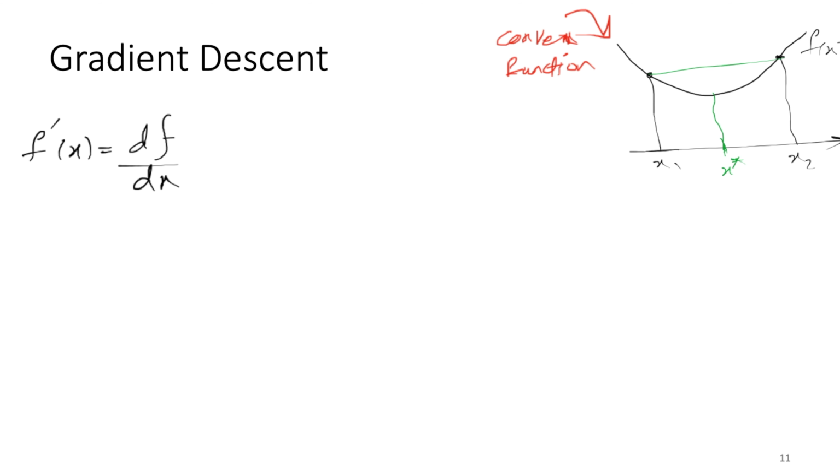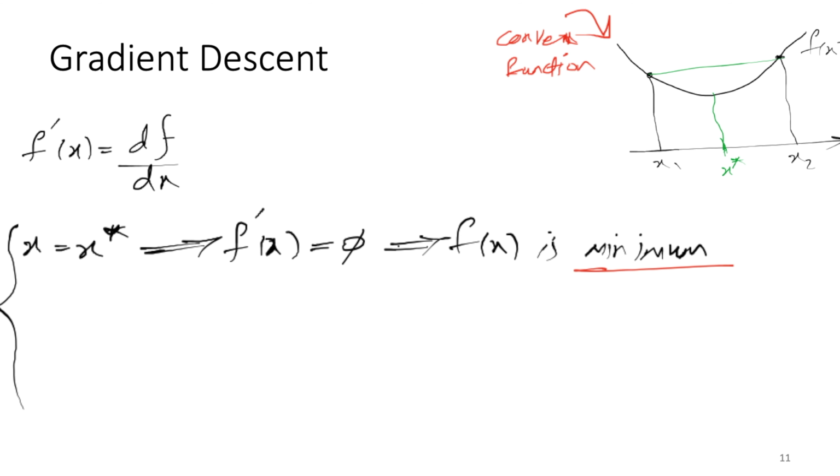So if we take f prime of x, the first derivative of f given our x's, we're going to have three situations, right? The first one would be where the x that we chose to take the f prime at was actually our x star. As you see, x star is the global minimum, right?